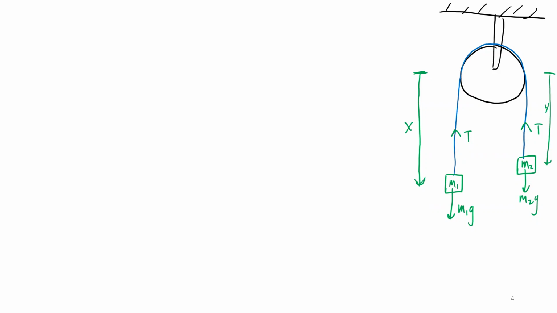And now the force acting on M1: let me write down M1 g minus T. That's the net force acting on M1, which equals M1 x double dot. And for M2, very similar, I have M2 g minus T equals M2 y double dot.